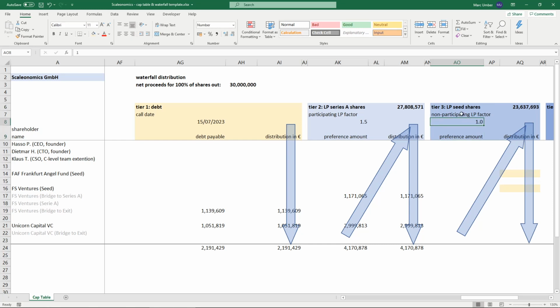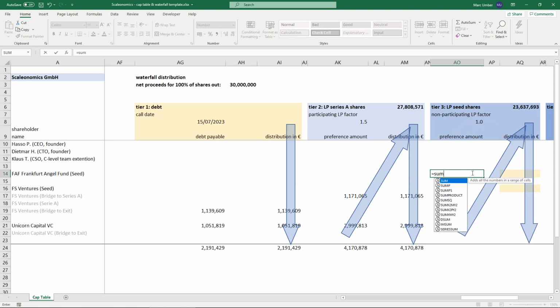A 1x non-participating liquidation preference means that investors will receive their money, 1 times their money invested in the seed stage, but if there's more money to be redistributed on later tiers in the waterfall distribution, every euro will be offset with euros paid in later tiers. And we will see what this means in a minute.